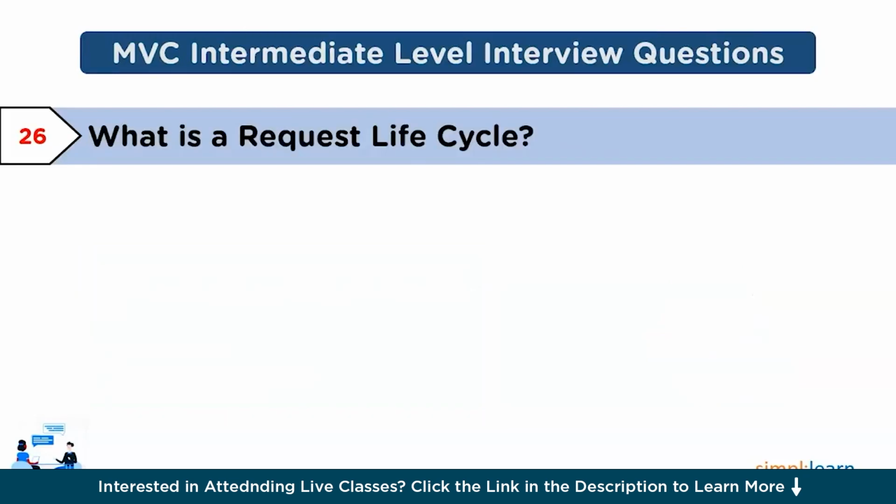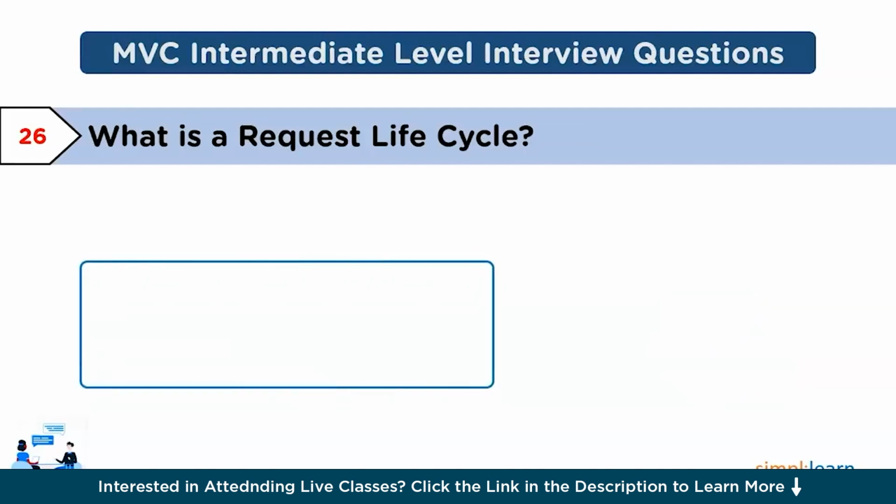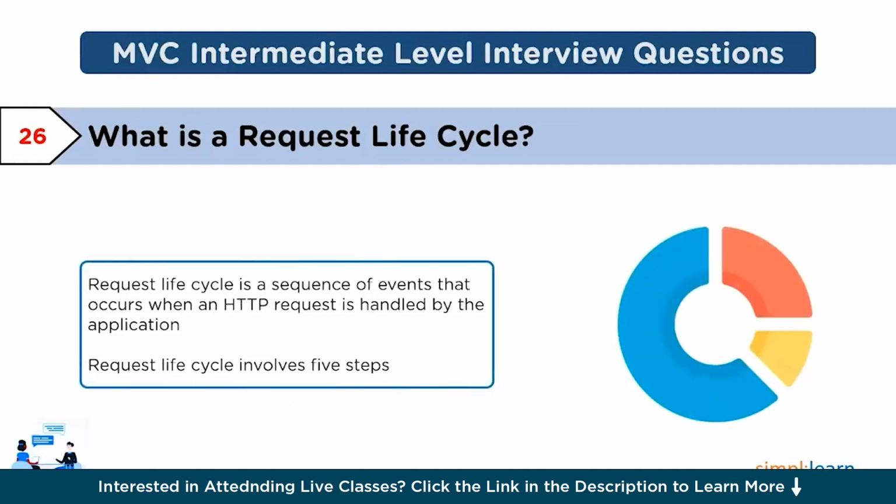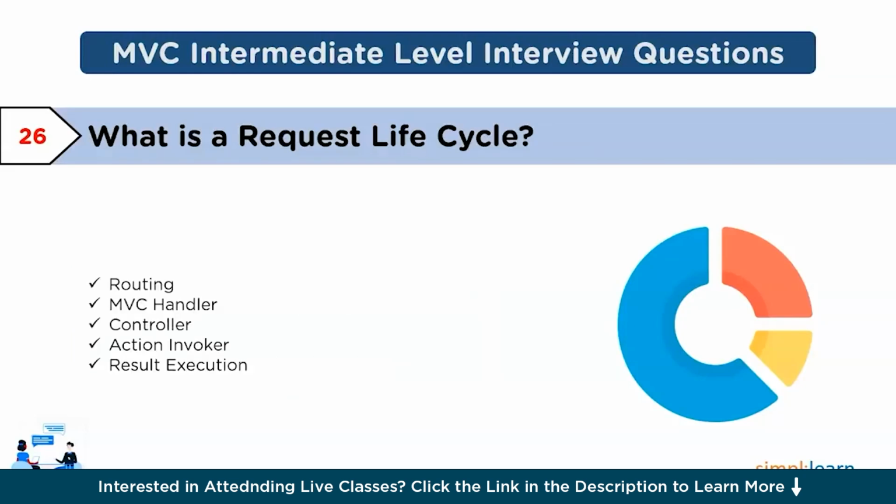What is a request lifecycle? Request lifecycle is a sequence of events that occur when the application handles the HTTP request. Request lifecycle involves 5 steps: routing, MVC handler, controller, action invoker, and result execution.